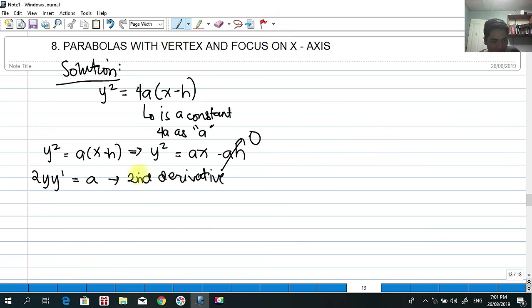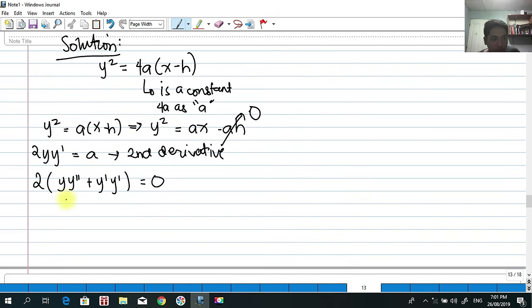So if we get the derivative, we have 2 product rule: y double prime plus y prime multiplied by the derivative of this, which is simply y prime also, is equals to 0. The derivative of the constant a is 0. So simplifying, we have 2y y double prime plus 2y prime squared is equals to 0.